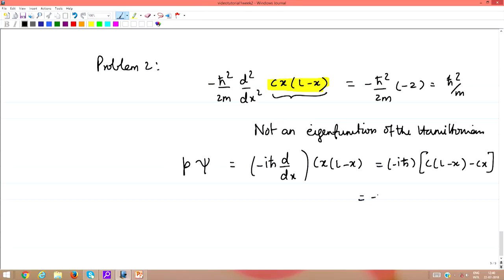Therefore, the answer you get is minus i h bar C into L minus 2x. This is not the same as C x into L minus x. It is a different function.